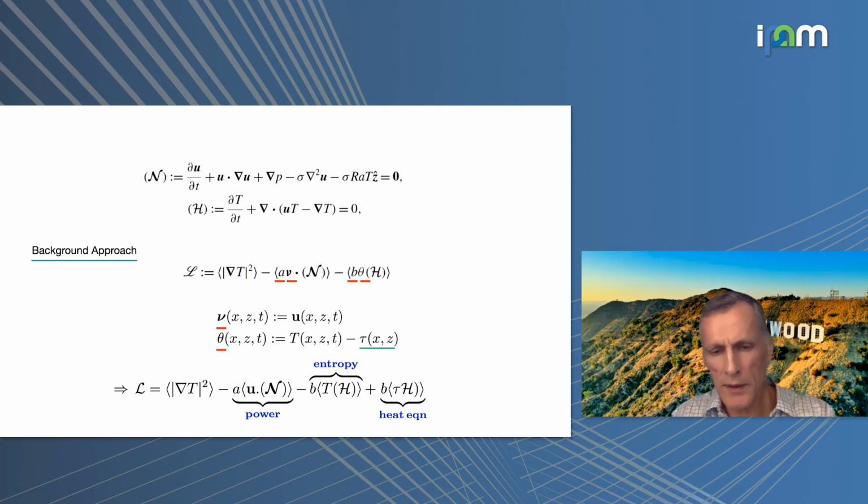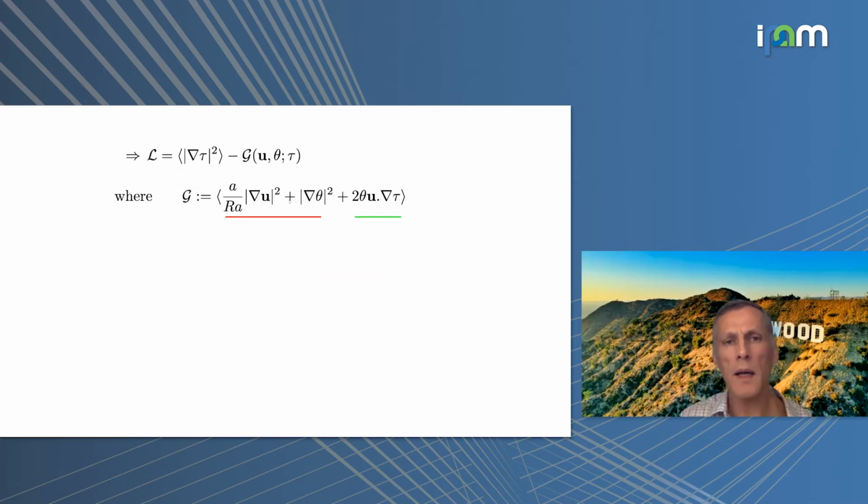Okay, so if I go back to this new expansion in nu and theta, and rewrite the whole Lagrangian in terms of tau, u, and theta, I get this expression where I've dropped a few numerical coefficients just to make it cleaner.